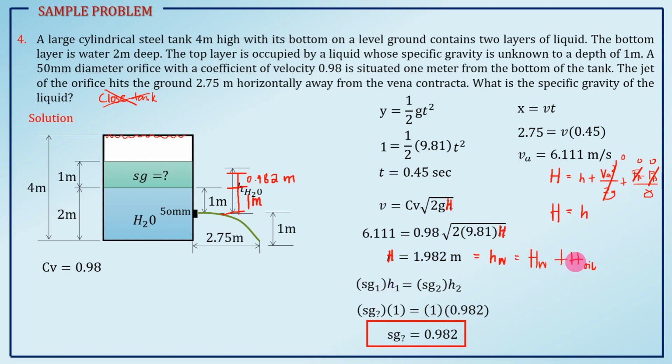Kino-convert mo lang naman, gamit itong equation natin na derive. Ayan. So, same lang naman. SG siya ng, gagamitin mo yung SG mo ng glycerin. Dito kasi water, so, 1. Yun lang naman for this problem number 4.